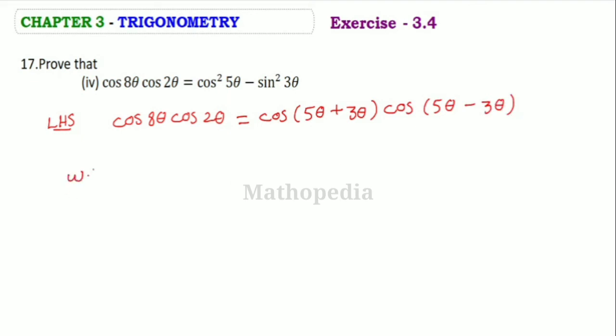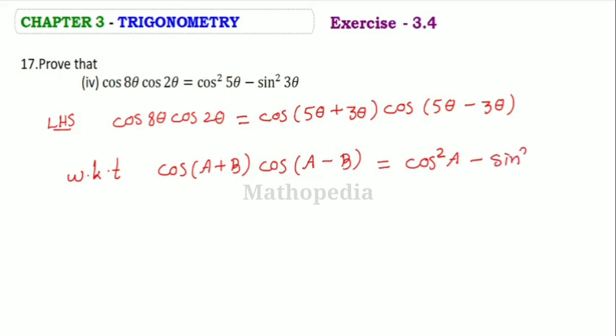We know that cos(A+B) into cos(A−B) is equal to cos²A − sin²B. This result we have already proved in the second subdivision.